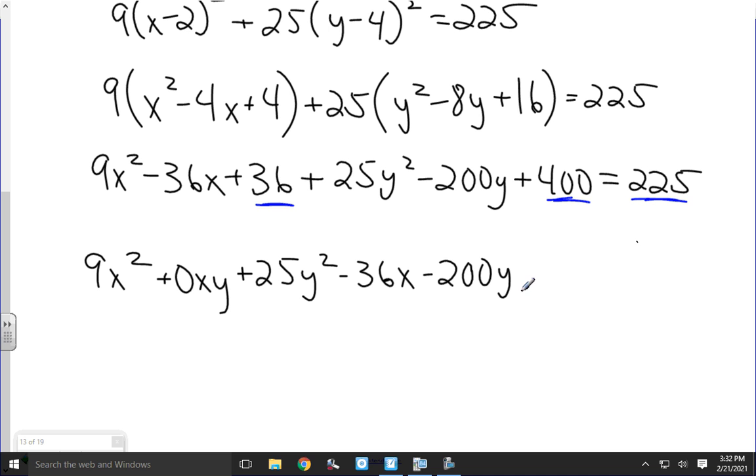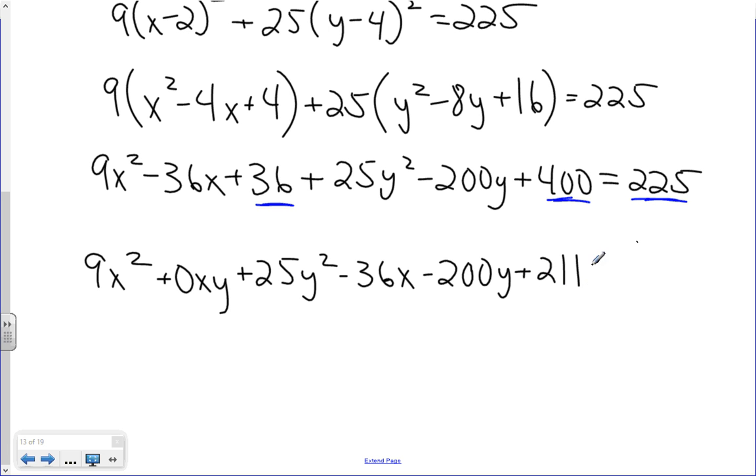So plus 211 is equal to 0. 436 minus 225 is 211, yes. All right, there we go. We've got ourselves the polynomial form. That one right there isn't too bad to go through. I mean, it does take a little bit of algebra, and we got to remember to square those binomials correctly. But we end up with the polynomial form.